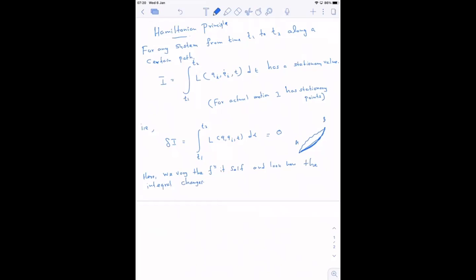Now for the Lagrangian, you can see that we normally write the Lagrangian in terms of generalized coordinates, where you have n number of coordinates, right? And just to keep things simple, let me first consider the one-dimensional case and do the proof for the one-dimensional case, and then we will apply that for generalized coordinates, right?